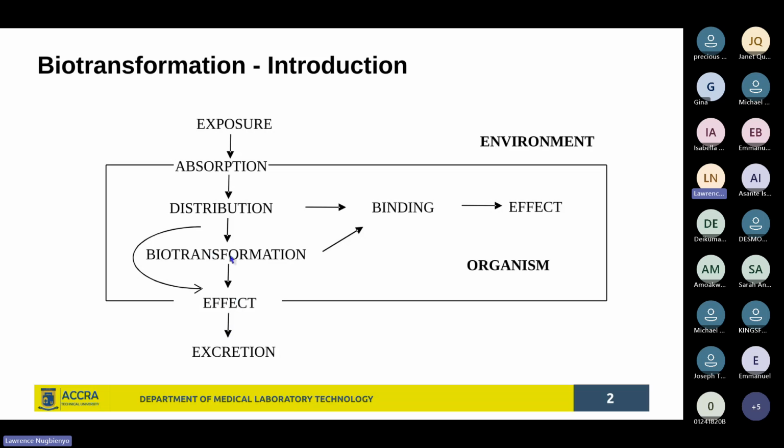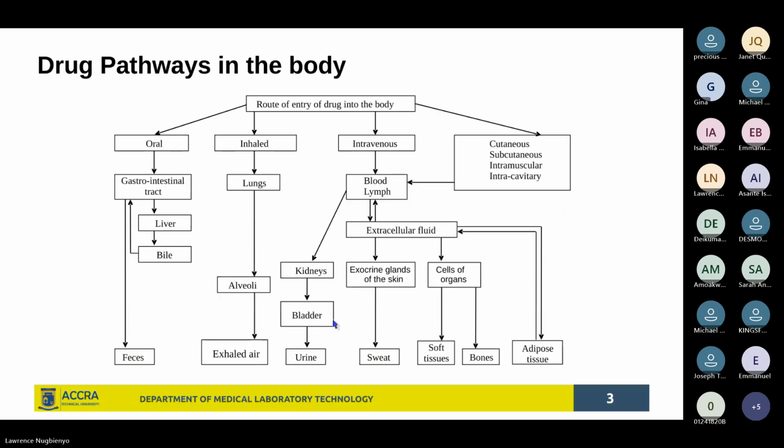Or even after biotransformation, the metabolites from that process can bind with receptors or even plasma proteins and then have a toxic effect. So these are the various pathways that a substance that the body is exposed to will go through, as a general view of what happens with xenobiotics, chemical substances coming into contact with the body.